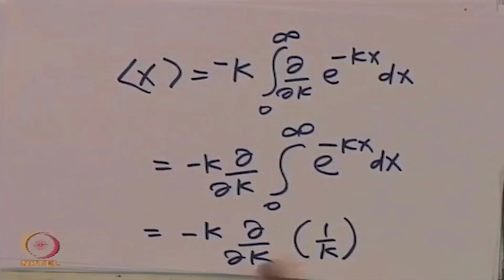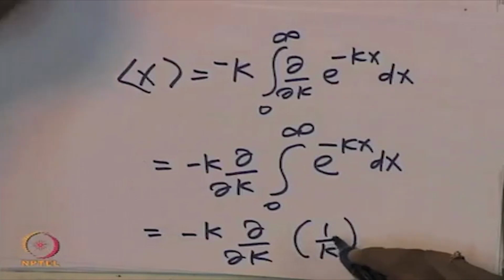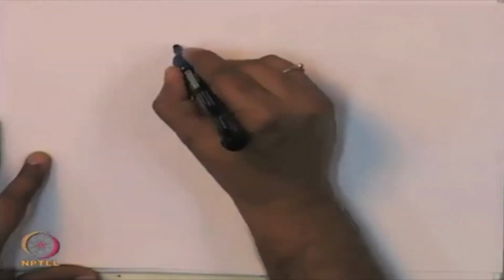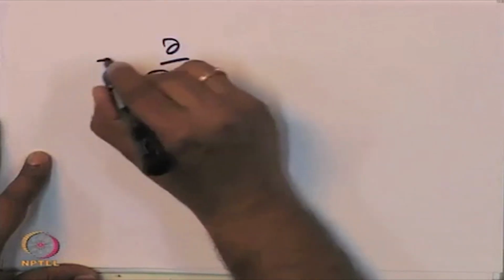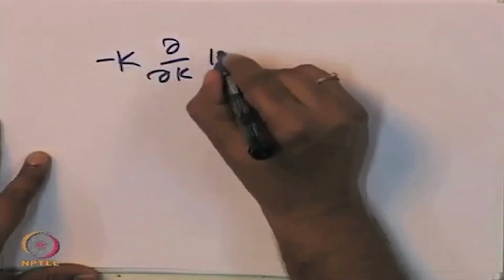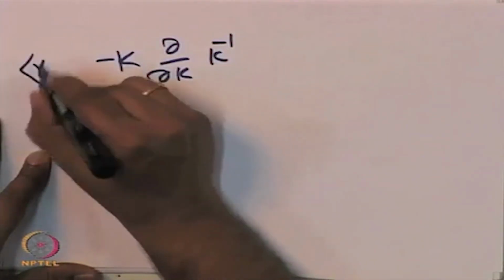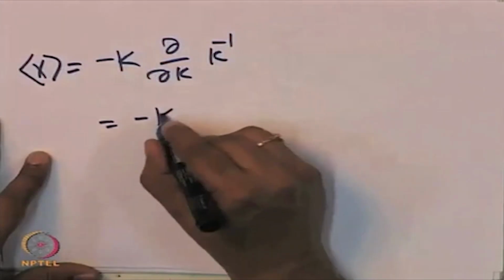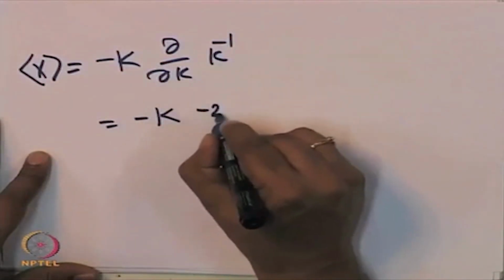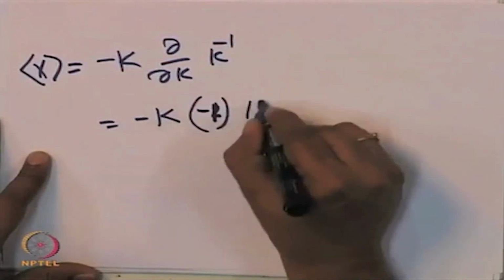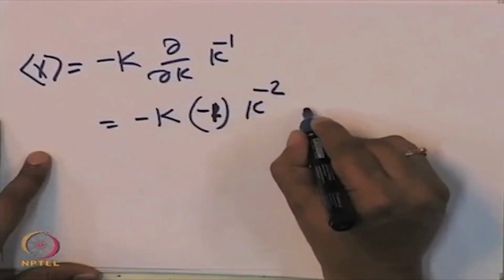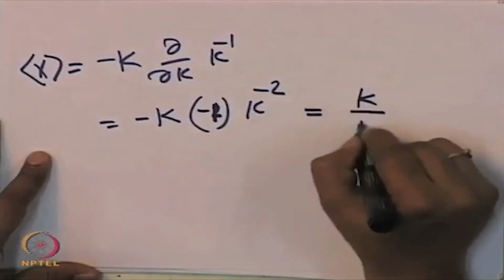So, what is del by del k of 1 over k? It is del by del k of k power minus 1, which is minus 1 times k power minus 2. So, we have minus k times minus 1 times k power minus 2, which is k by k square.